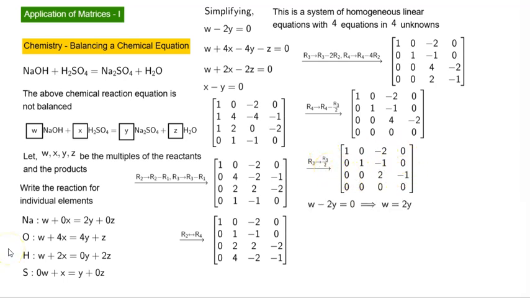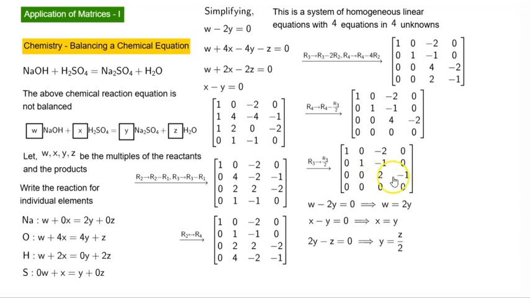Converting it back to the equation form, we get W minus 2y equal to 0, which implies W is equal to 2y. X minus y equal to 0, which implies x equal to y.